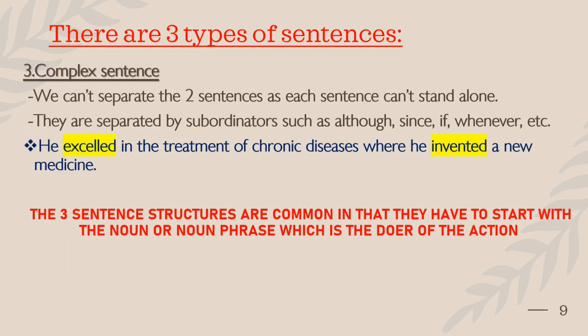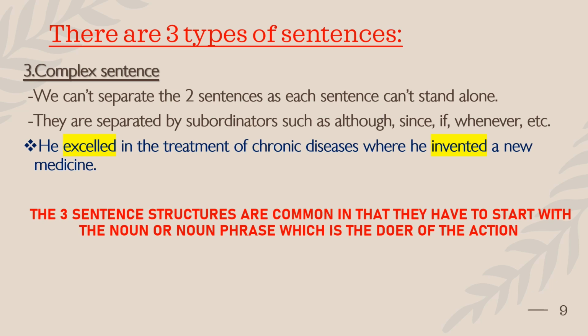The last type of sentence is the complex sentence. When we separate the two sentences, they are separated by subordinators such as although, since, if, whenever, and so on. For example, he excelled in the treatment of chronic diseases, where he invented a new medicine.